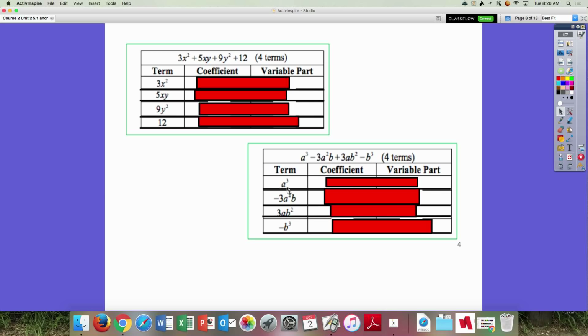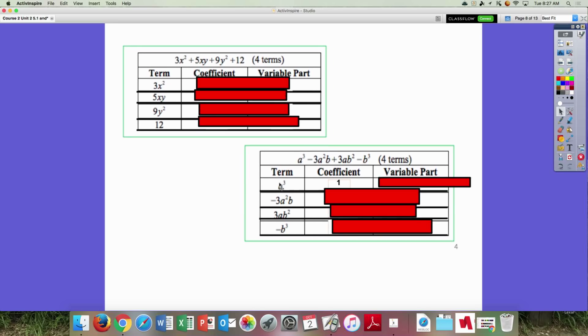So this is the term a cubed. I know you cannot see any number in front of that a, but I'm going to tell you that there is one. And that number in front of a is the number 1. Then this with the variable, because they want the whole part with the variable, we're just going to put that whole thing.